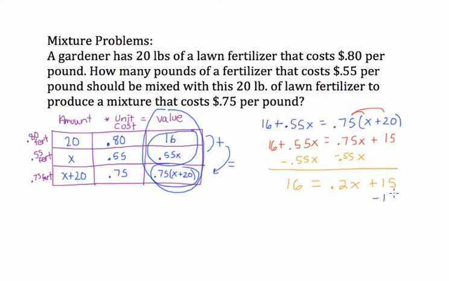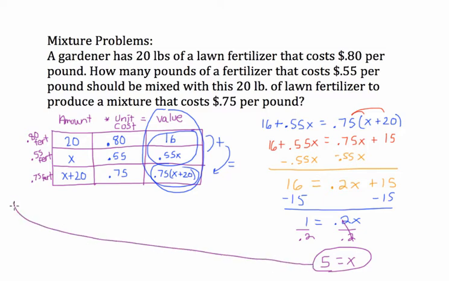And undo what's been done to the x. On my calculator, 1 divided by 0.2, x equals 5. So that means I need to mix my 20 pounds of 80-cent fertilizer with 5 pounds of 55-cent fertilizer to have a resulting mix of 75-cent fertilizer.